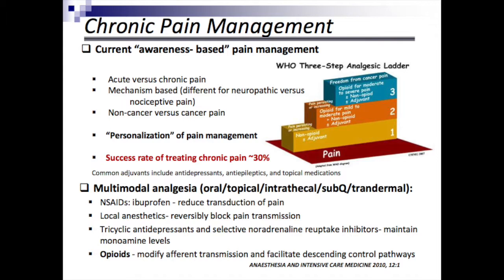As you get to mild to moderate pain, some of the oral opioids are indicated. And as you get to severe pain, such as pain associated with cancer metastasizing to the bone, these patients are put on chronic opioid therapy.